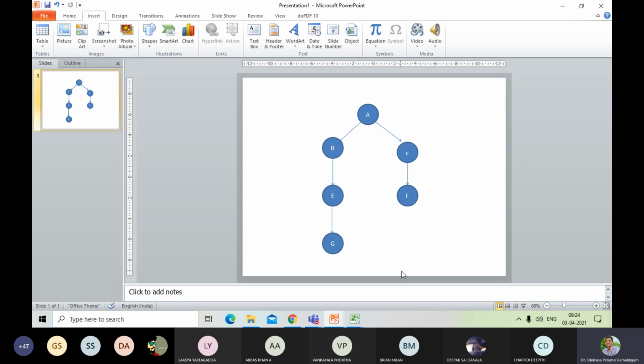In the same way we need to integrate. First we need to integrate the left hand side, A, B, after that E, G. While this side is working perfectly, then we go to the right hand side. This is called the depth first search method in the top down approach. For breadth first search: A, B, C, E, F, and G. So both depth first and breadth first are under the top down approach.